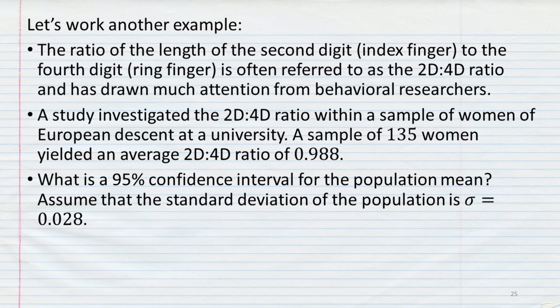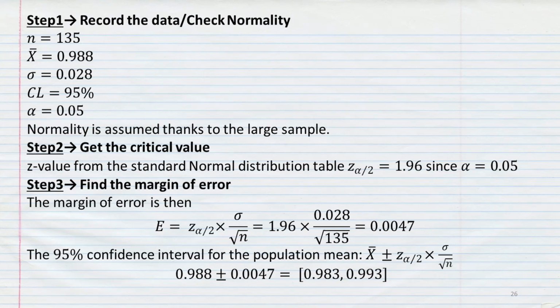A sample of 135 women yielded an average 2D to 4D ratio of 0.988. What is a 95% confidence interval for the population mean? Assume that the standard deviation of the population is sigma equals 0.028. Following the cheat sheet provided in the textbook, let's solve this problem.